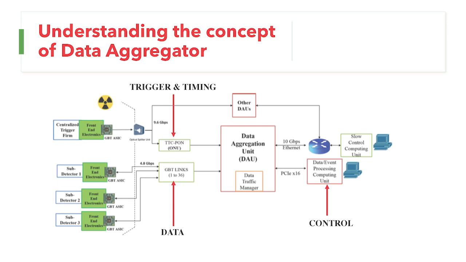What it does is capture the timing and trigger information from the high energy physics experiment. Then, as I mentioned in the previous slide, the asynchronous link in high energy physics is called GBT. Here the data are captured at 4.8 Gbps. These are coming from multiple detectors that are there in the experiment.